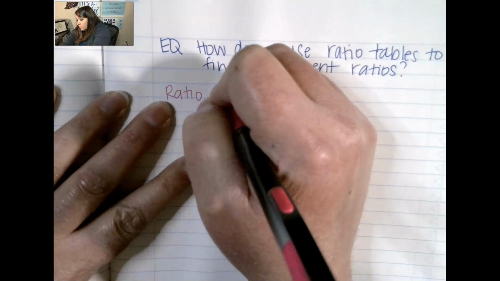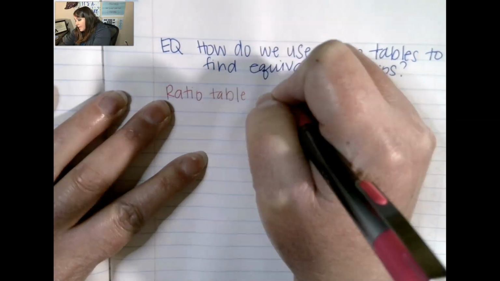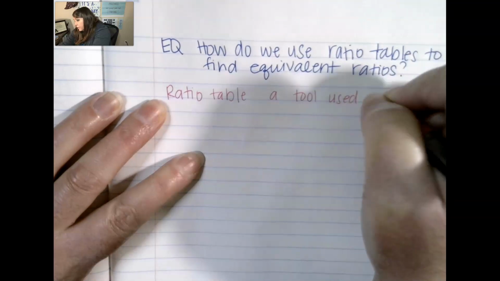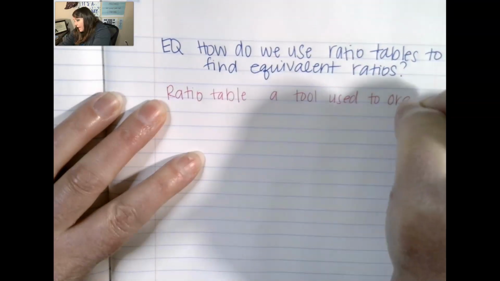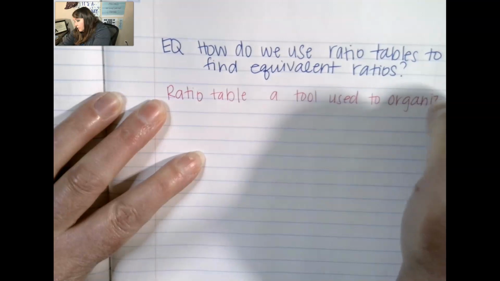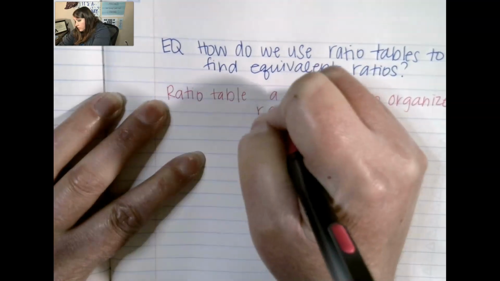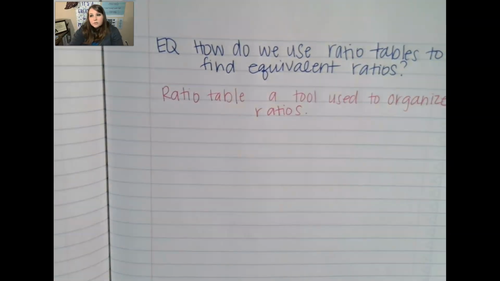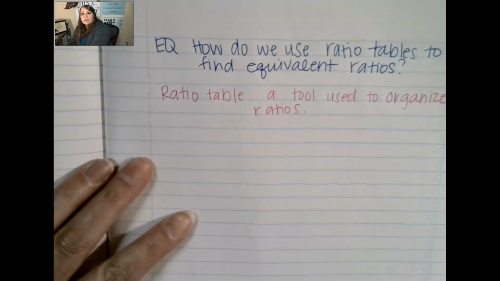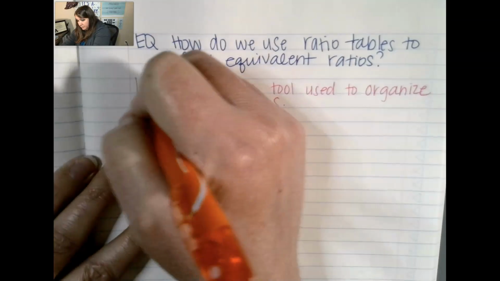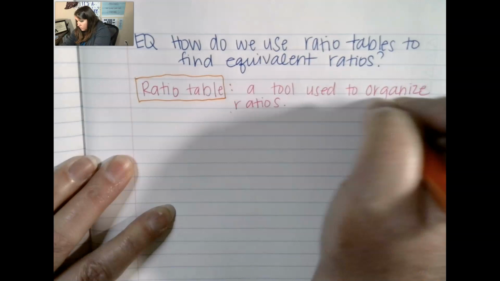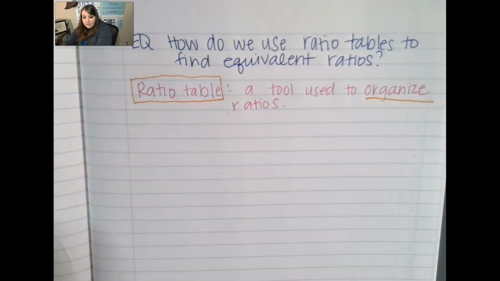So a ratio table is a tool used for organizing ratios. Pretty simple, pretty straightforward. We're going to use it for organizing.